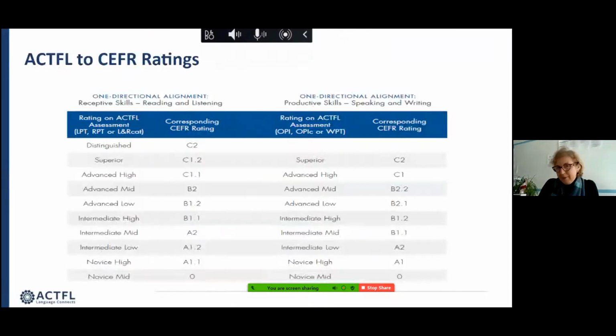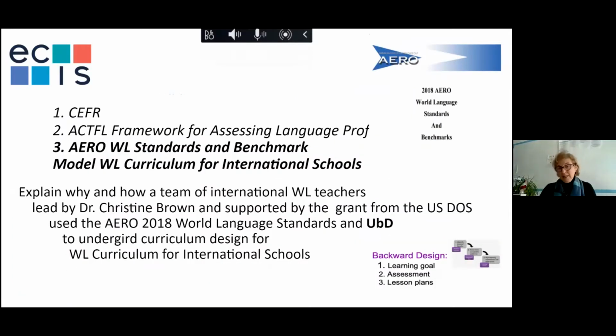So basically, yes, we said there is a direct alignment between the American assessments by ACTFL and the Common European Framework. I will briefly show how the whole work done by the team is also aligned to these external assessments.